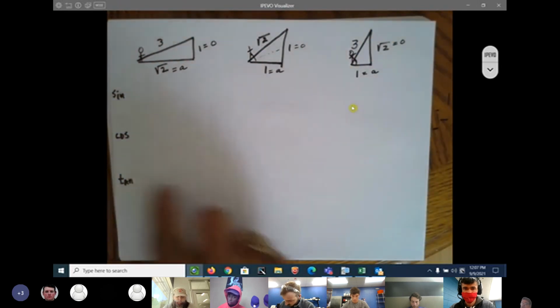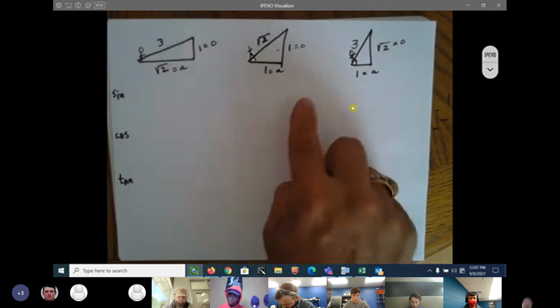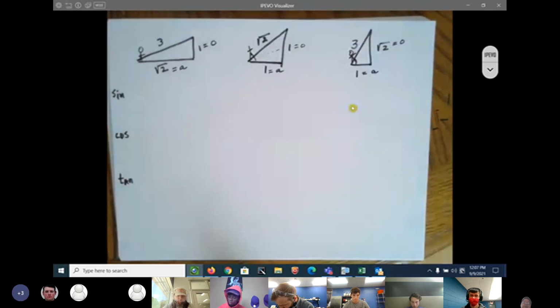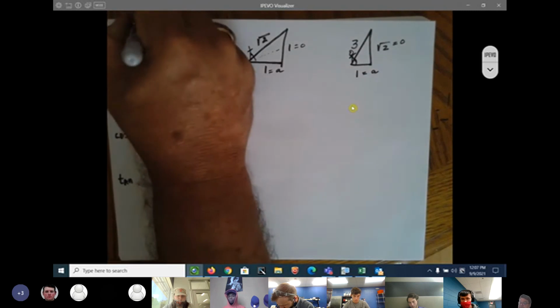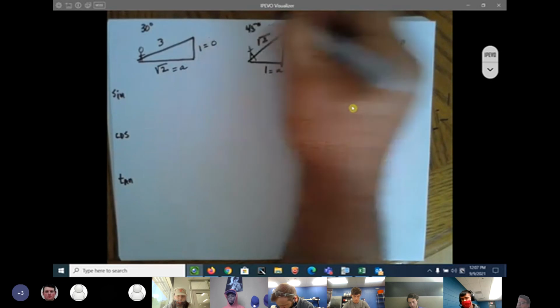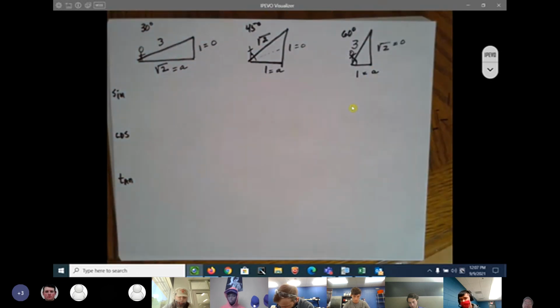Fill out this chart and give me the simplified fraction for the sine of 30 degrees, the sine of 45 degrees, and the sine of 60 degrees. And you need to simplify it. That means rationalize. Go ahead and fill this chart out. It means you got to do 9 things. So get to it.